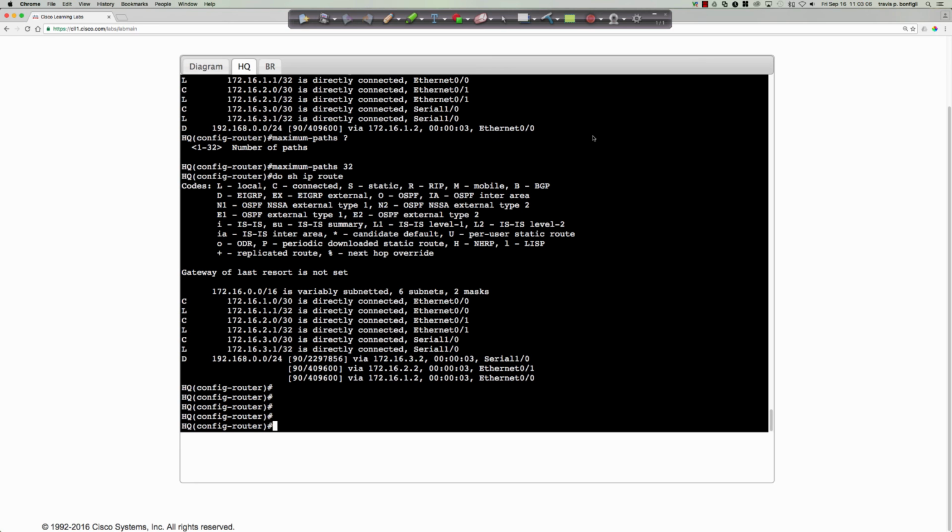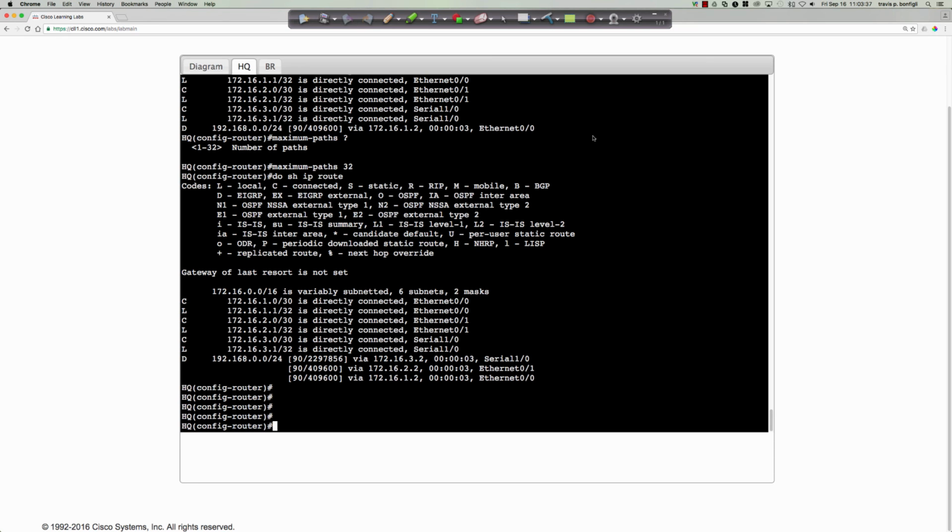The first is that the path that you're going to include in that load balancing must be a feasible successor. So you cannot use paths that are not through feasible successors. If it's not a feasible successor, your conversation about unequal cost multipathing stops right there. You can't use that path. It has to be a feasible successor.